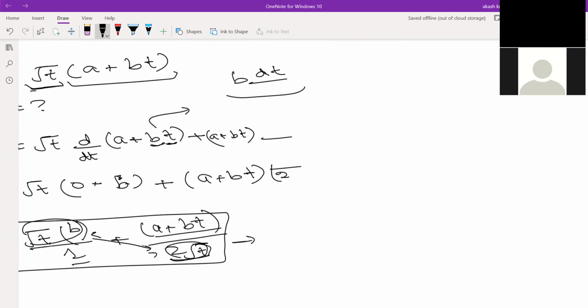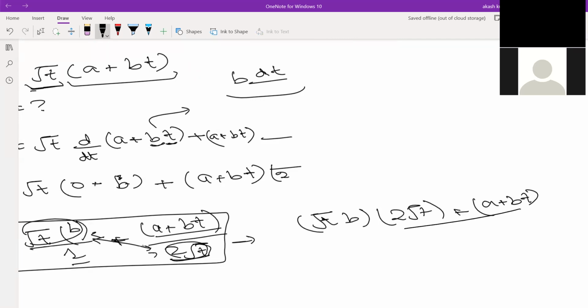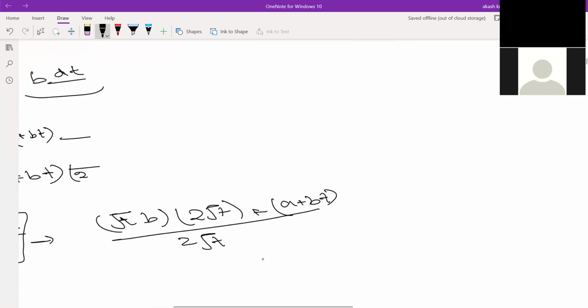We cross multiplied it, and it is square root t multiplied with b, and multiplied with 2 square root t, because we are just cross multiplying it. And there is a plus sign, and then a plus bt as it is. Okay. And then multiplying the denominators, which will become 2 square root t. Is it clear? Okay, clear. Now simplifying it.